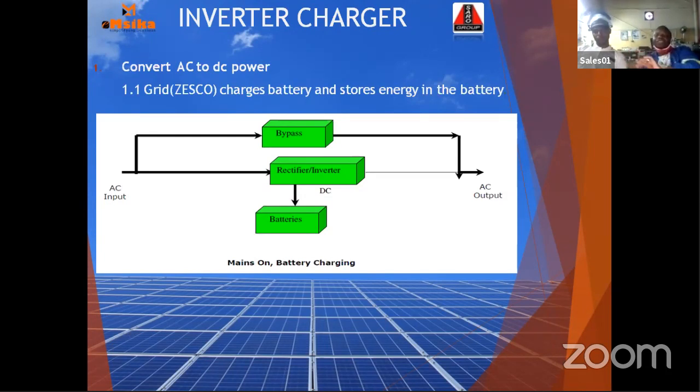That's a block diagram of an inverter. It will convert AC into DC, it charges your battery, and then your alternating current is bypassed automatically to your loads. At the same time it's charging the battery, your loads are running, like your TVs, your lights, your laptops, your fridges.